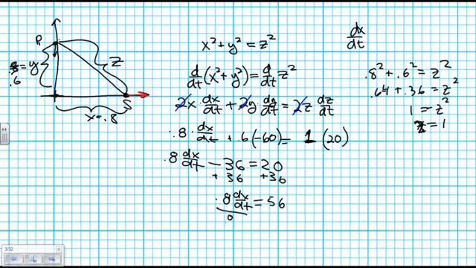Let's divide by 0.8, and dx/dt is equal to 70, and units, miles per hour. Oh, and it's positive, because as that car's driving east, its x values are getting bigger.